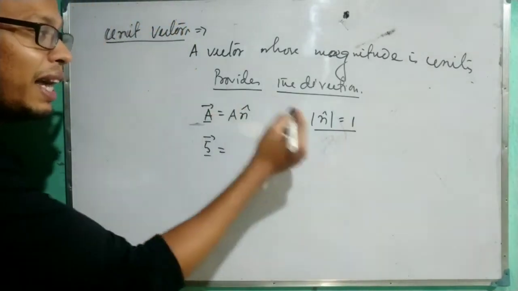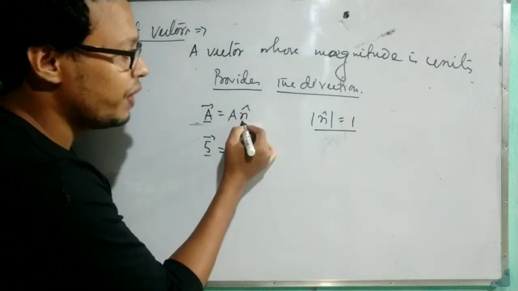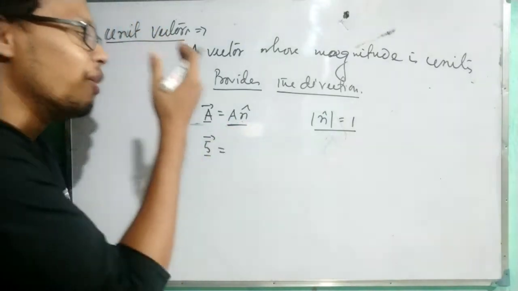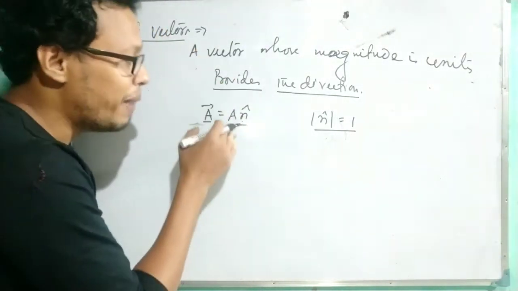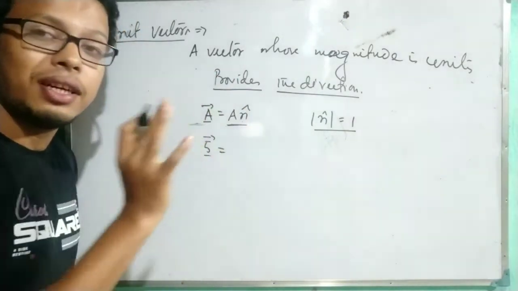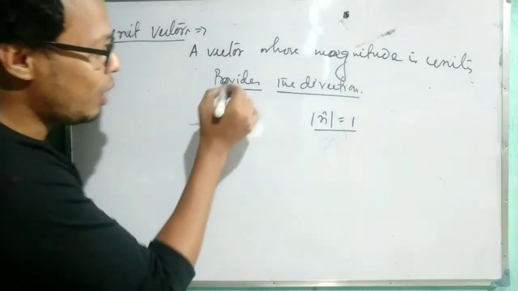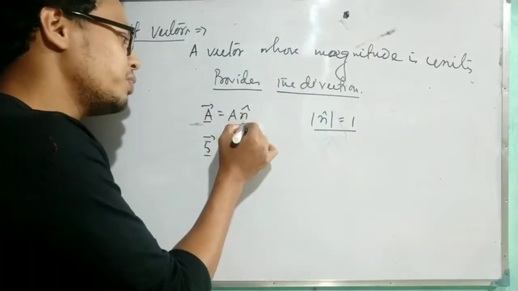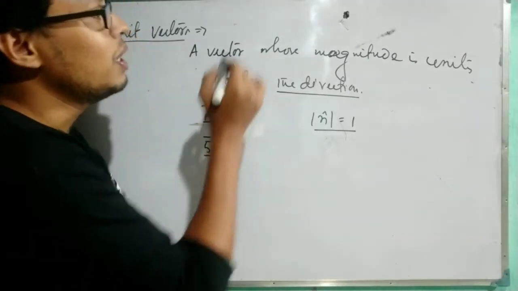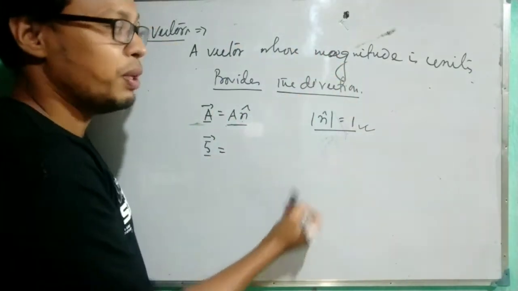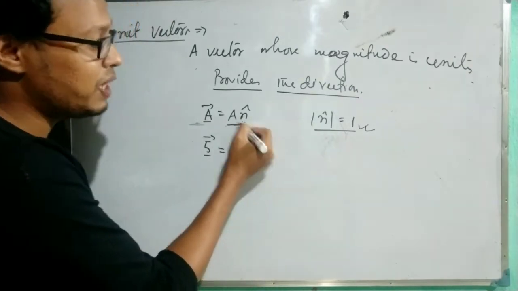So if we write the unit vector along with the magnitude, this will give the magnitude as well as the direction. Along with the magnitude, one vector we can give, that vector is called the unit vector, whose magnitude is 1, because that n cap, its magnitude is 1.